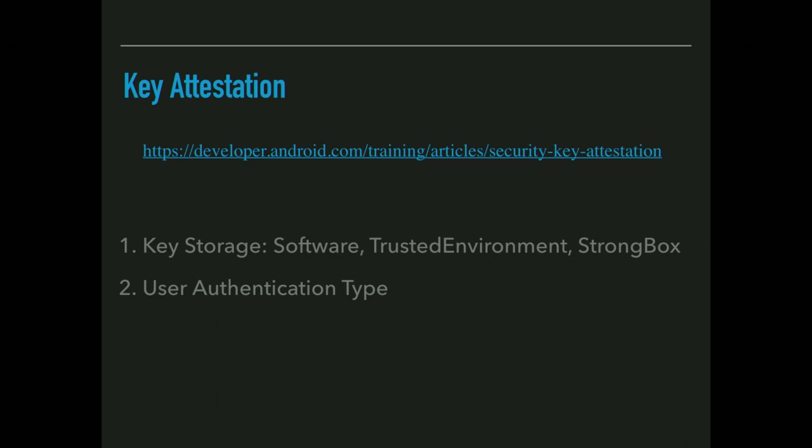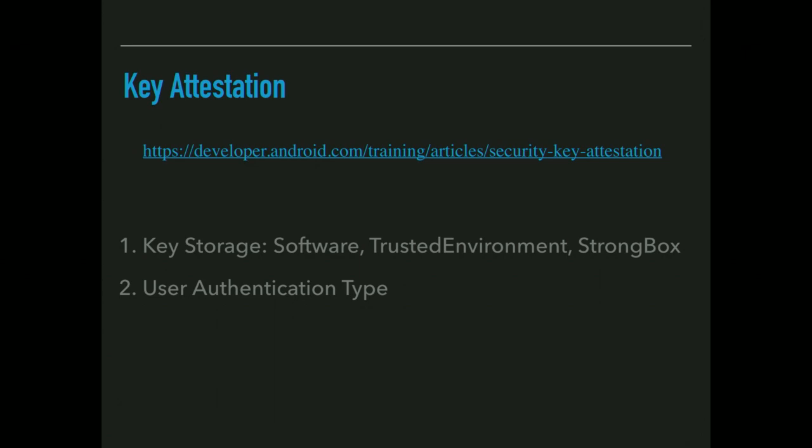And there's a bunch of other things that you can prove about the circumstances in which this key was generated and what key you're using. So I don't have time to go over this, but there's documentation about how to use key attestation. I think that links to, there's also on the Google samples, there's a sample of how to verify the key attestation on your server side.